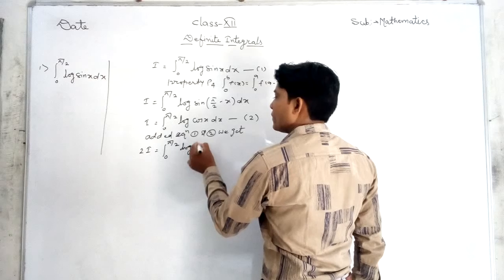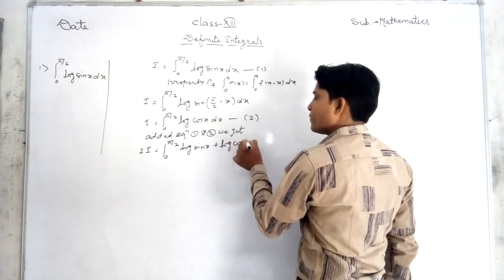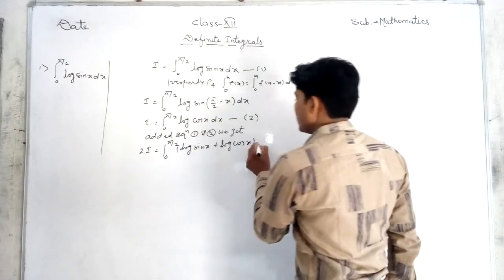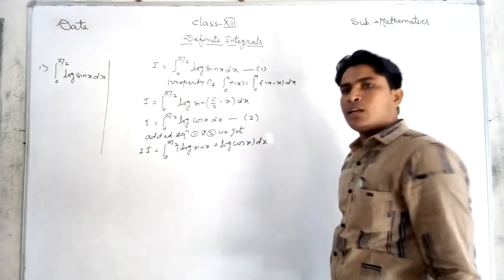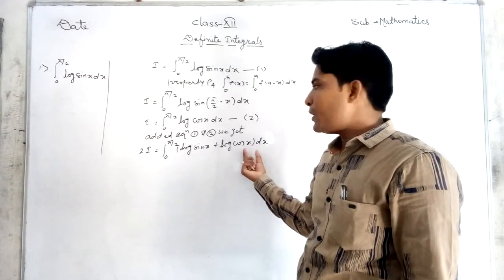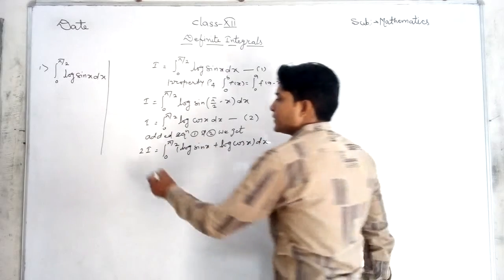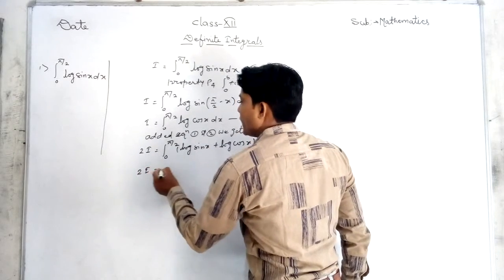We know that log m plus log n is log mn, so it is converted into log of sin x into cos x. So 2I equals the integral from 0 to pi by 2 of log(sin x cos x).